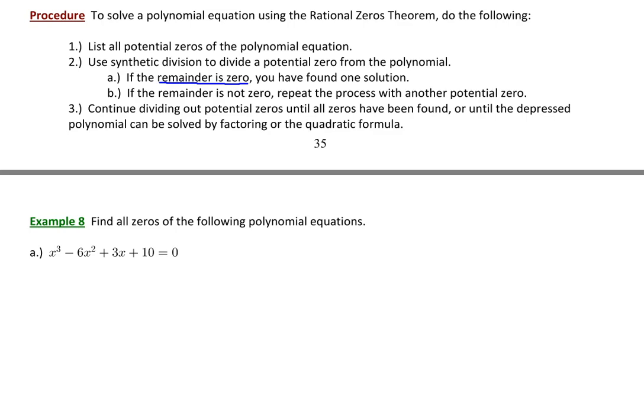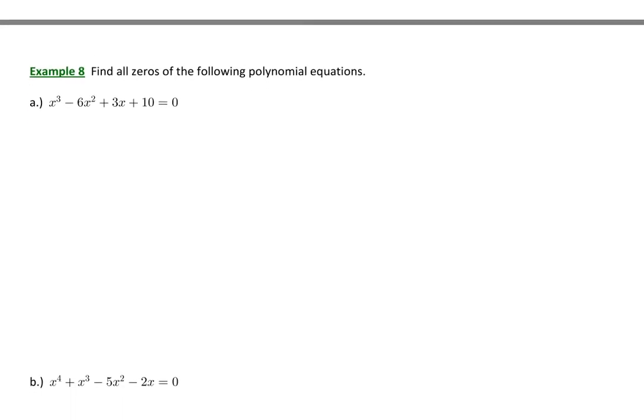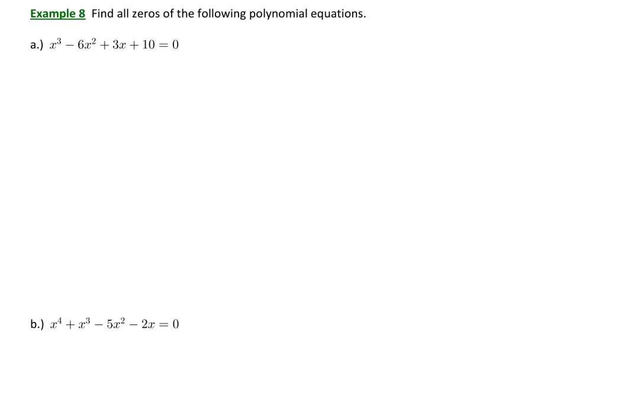If the remainder is not 0, we can let that one go. That suspect is not going to be the culprit, right? And then number 3, continue dividing out all potential zeros until we have found every single one according to the degree of the polynomial, or until the depressed polynomial can be solved by factoring or quadratic formula. Okay, hopefully that procedure will become clear on example 8.